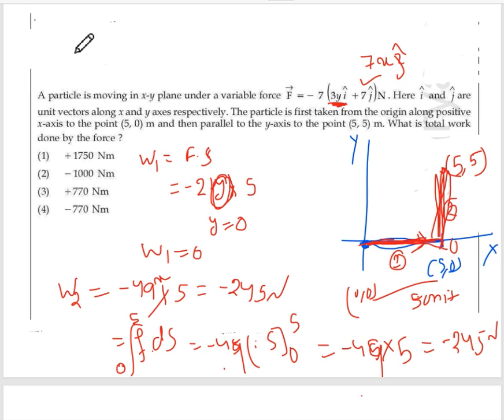So we multiply 245 into 5. In path 2, x is always 5.